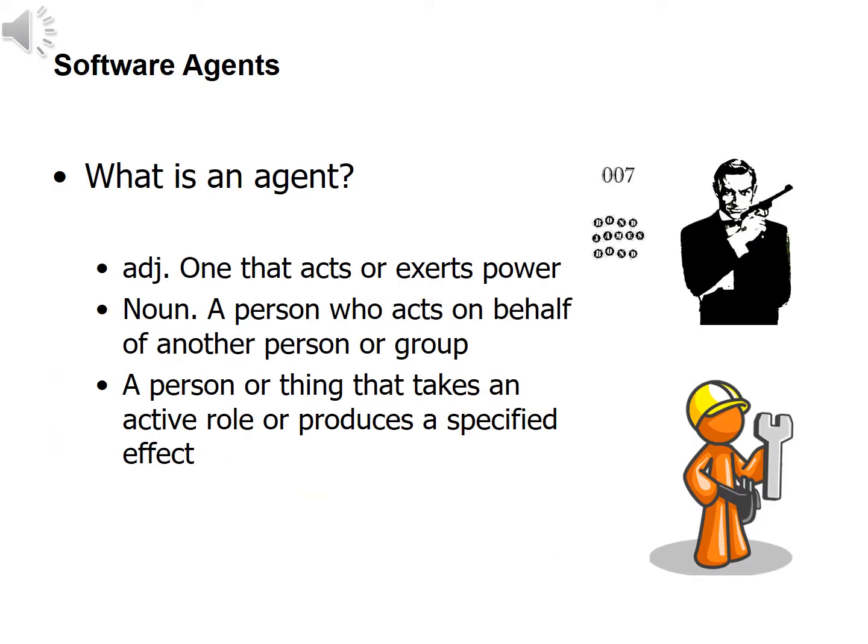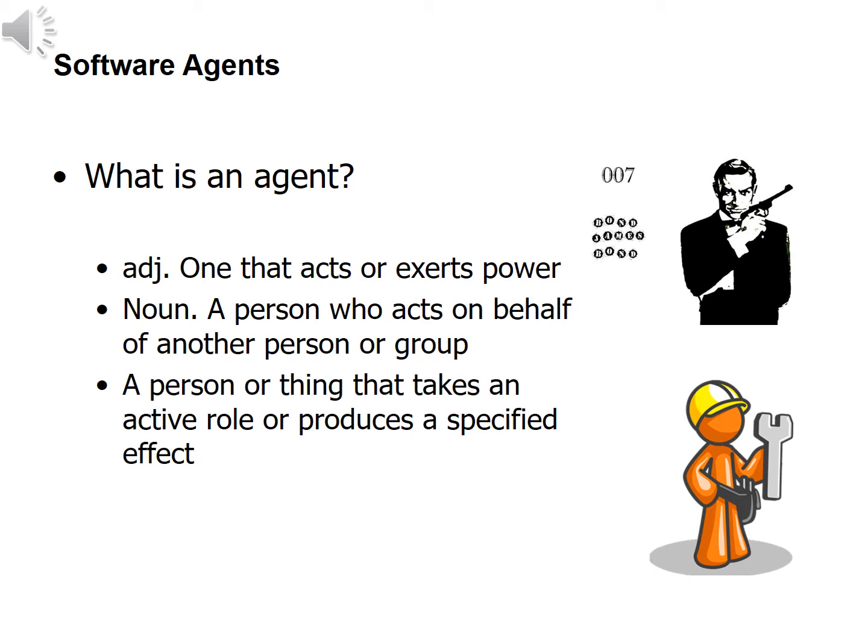So what is a software agent? To respond to this question, we are going to first try to respond to the question, what is an agent? So here you see agent 007. You must have seen a video or a movie related with agent 007. And as you know, he always chooses the best possible action in each situation.